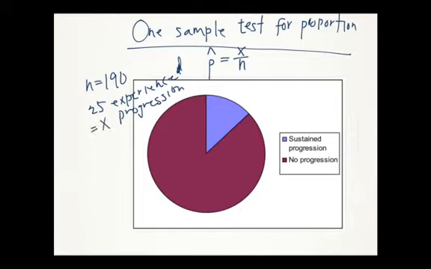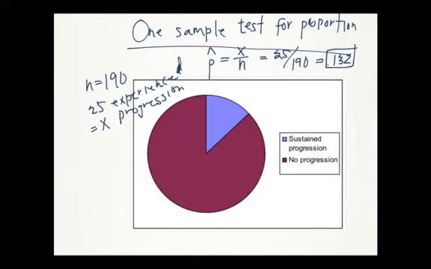So in order to get my sample proportion, I would just take 25 and divide by 190. Hopefully that's very intuitive for you. And it turns out that that is equal to 0.132. So 13.2% of these particular patients had experienced progression.